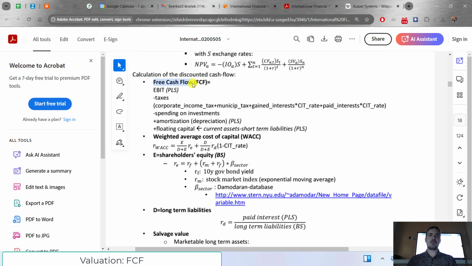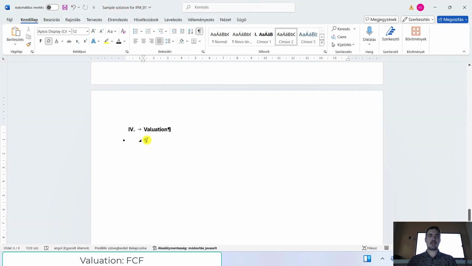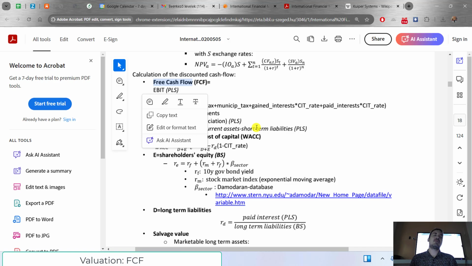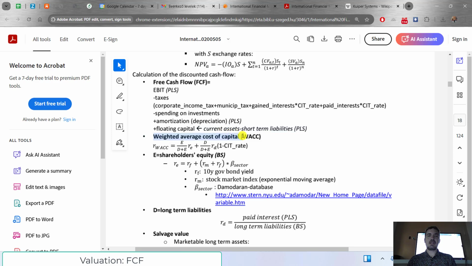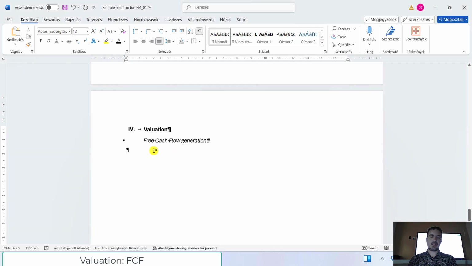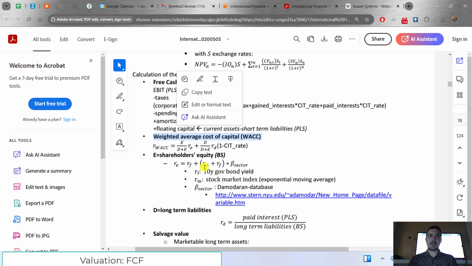First of all, we have to define the free cash flow generation. Can we generate cash or not? If we are not able to generate cash, then we should close down the company. The other thing is the weighted average cost of capital, the discount rate for the FCF. So this will be the second step.